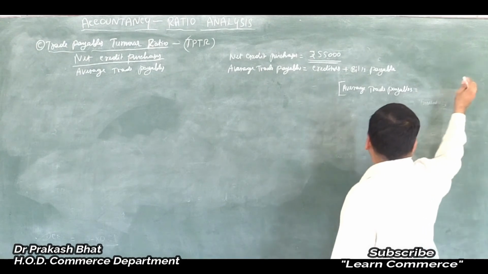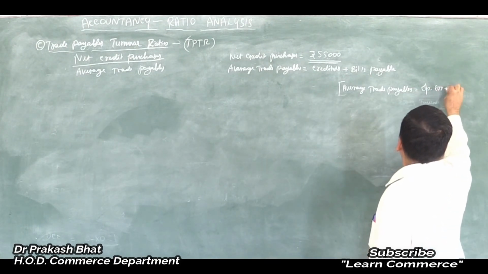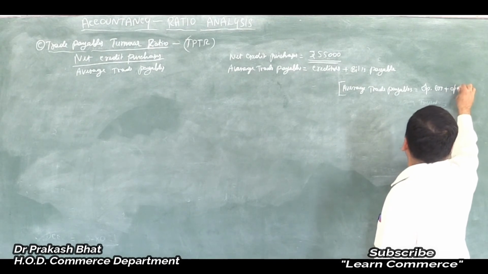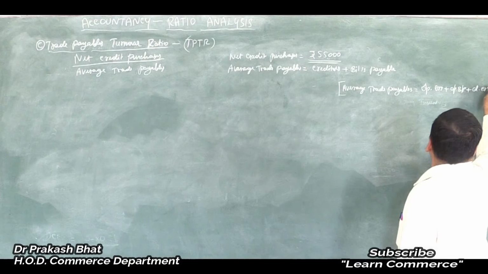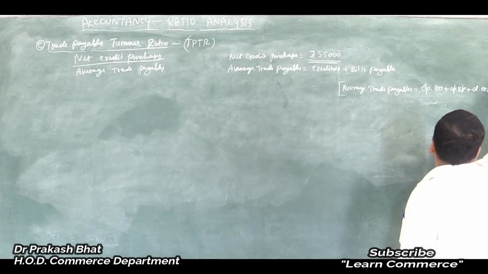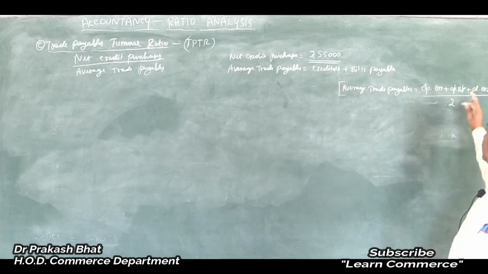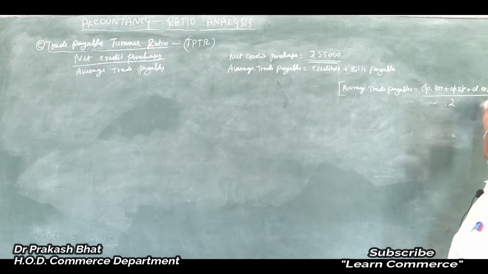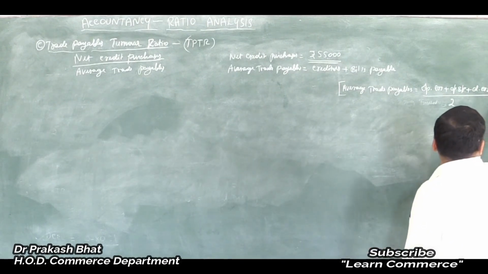Opening creditors plus opening bills payable plus closing creditors plus closing bills payable divided by 2. That is called average trade payables.